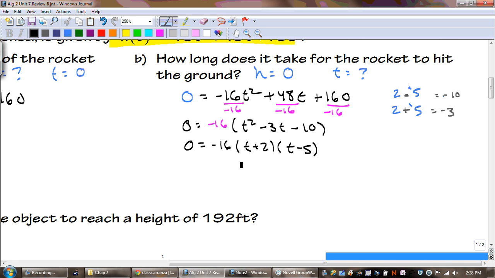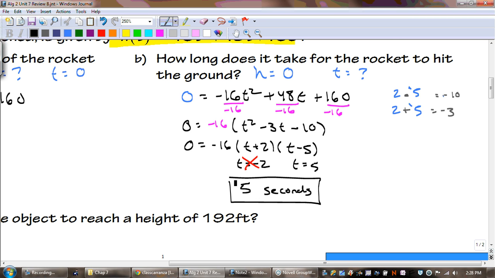And when we set each one of those equal to 0, we get t equals negative 2 and t equals 5. Can I have negative 2? No, we can't have, guys, we're talking about time. You can't have negative time. So our answer, it's going to take 5 seconds. And make sure to circle your answer.